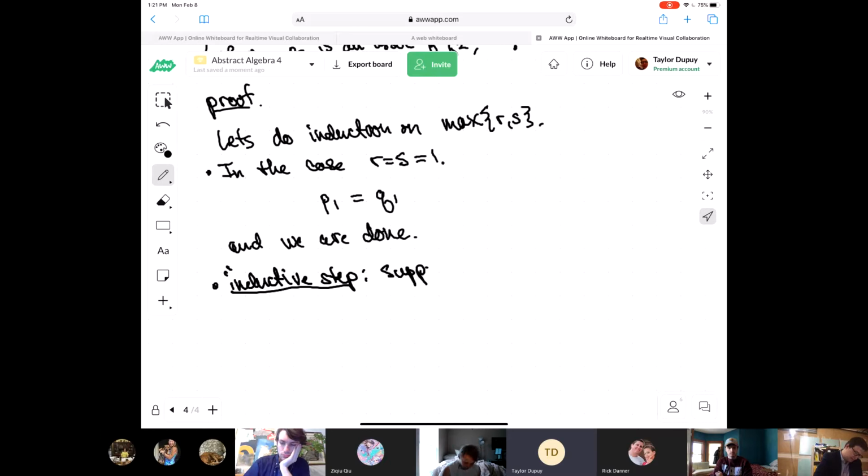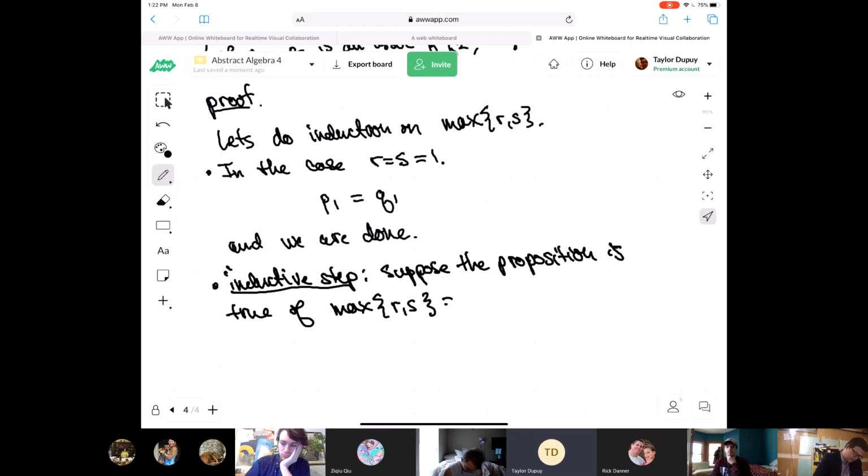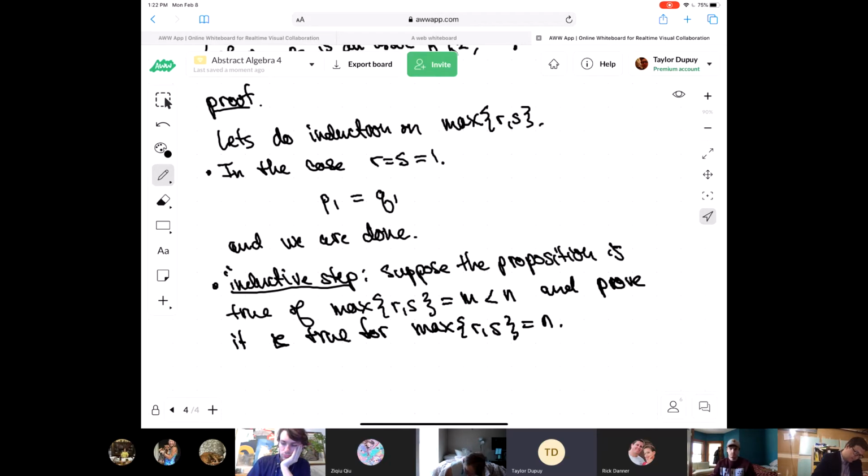Suppose the proposition is true for max of R and S equal to n minus 1, or M less than N, and prove it is true for max of R and S equal to N.